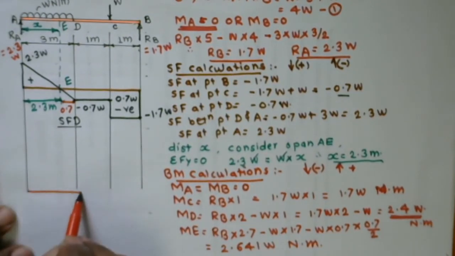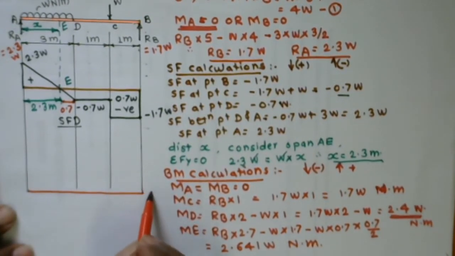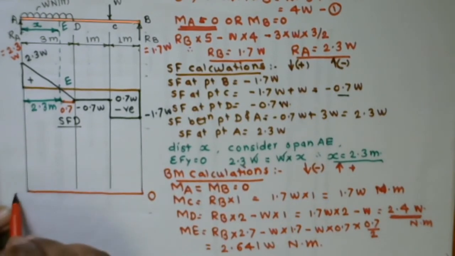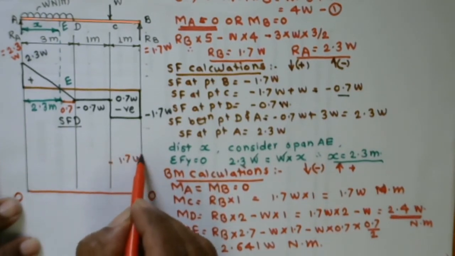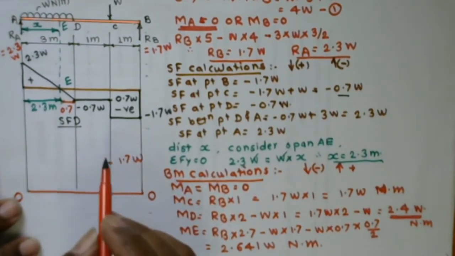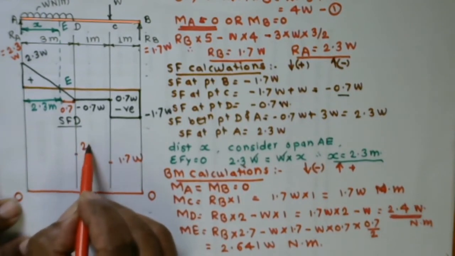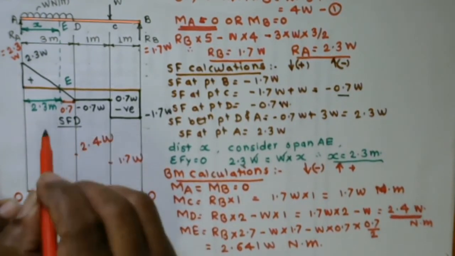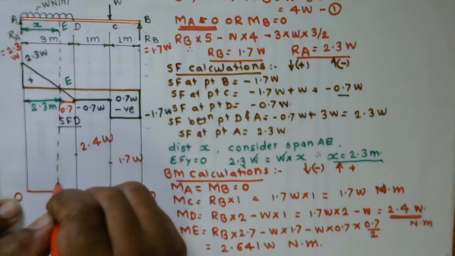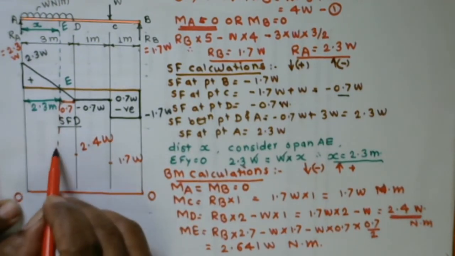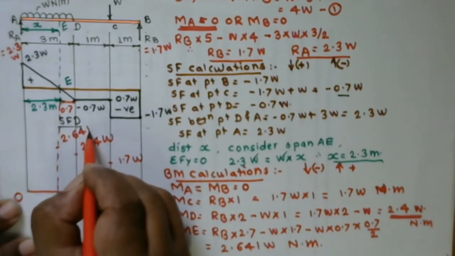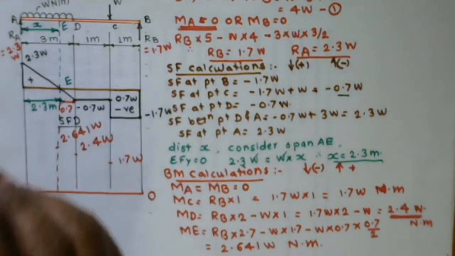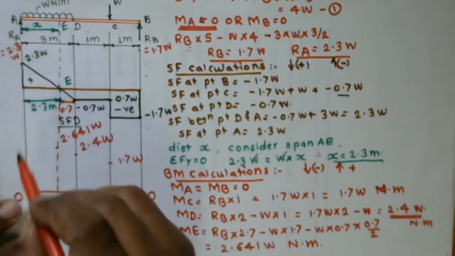Now plot this shear force bending moment diagram. Bending moment at point B is 0, at point A is also 0, at point C which is 1.7 W, at point D which is 2.4 W, and at point E 2.641 W. Now between the point A and D it is a UDL.